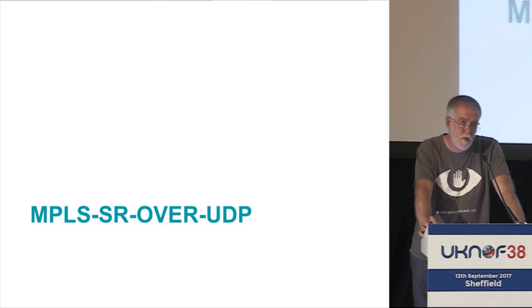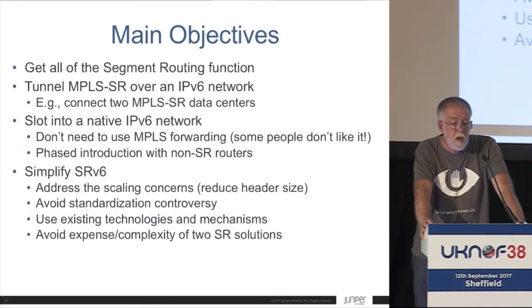So there's an option we've been working on fairly recently to carry MPLS SR over UDP with the objective of doing everything you can do in segment routing and getting segment routing in MPLS and IPv6 networks, tunneling over IPv6 or embedding in IPv6, and arriving at only one forwarding paradigm for silicon.